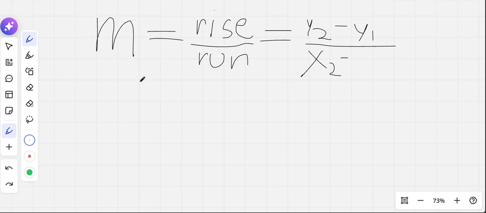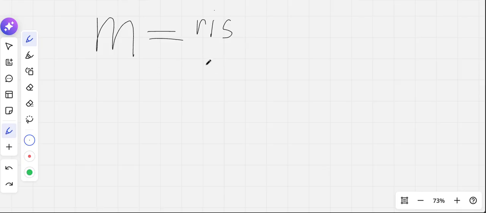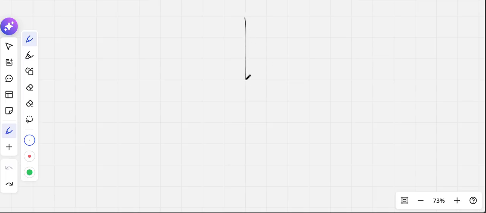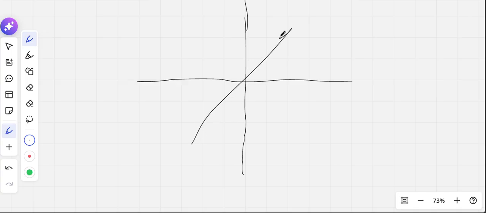So I'll just demonstrate the first part first, rise over run. Let me erase this real quick. Let's say we have a linear function like this. This is our graph, and we have 2 points on that graph, 1 point here and 1 point here.